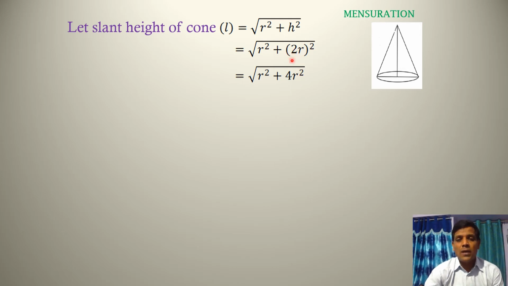So r square plus 4r square gives square root of 5r square. This is written as root 5 into root of r square, and the square root cancels, remaining r. So the slant height l is equal to root 5 into radius. Very clear? Coming to the next step.